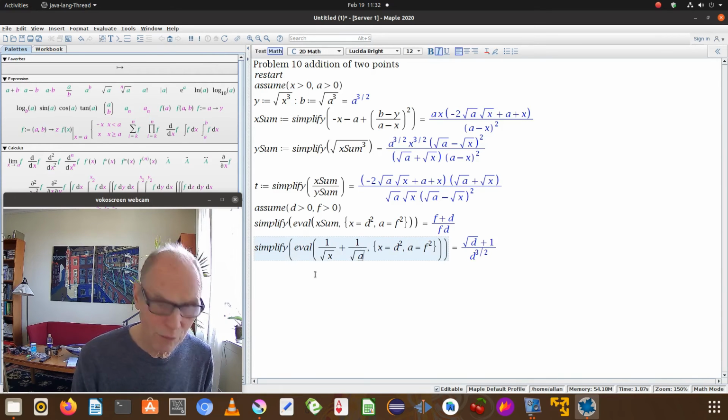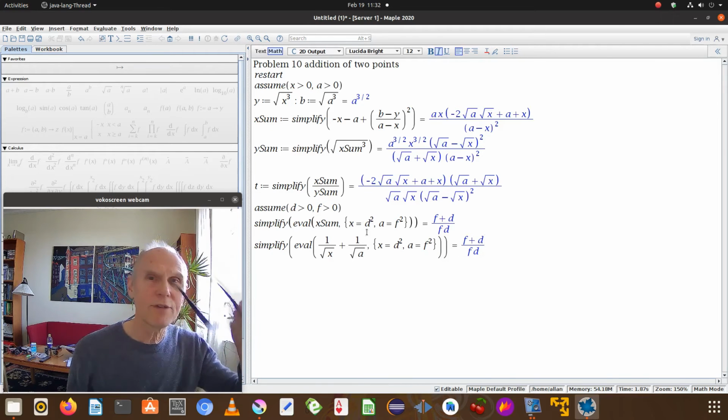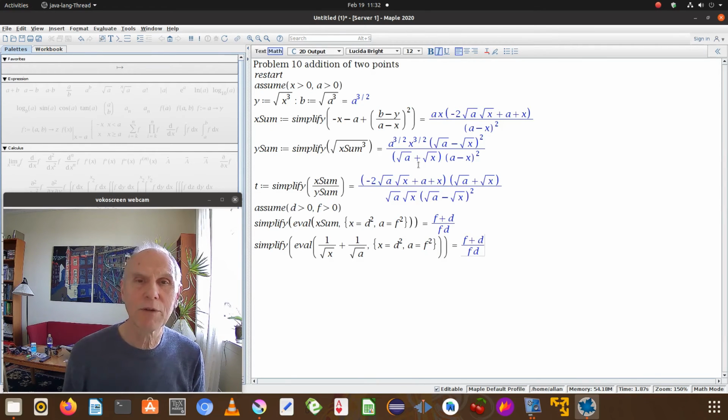Square root a. And we do get the same. So that means the x values give the same, so we now just have to check the y values.